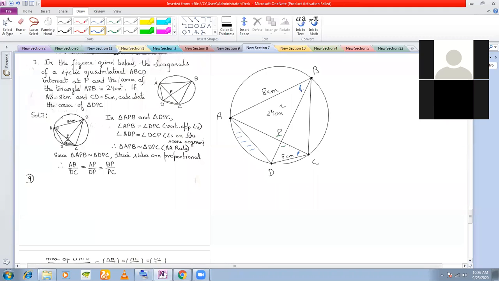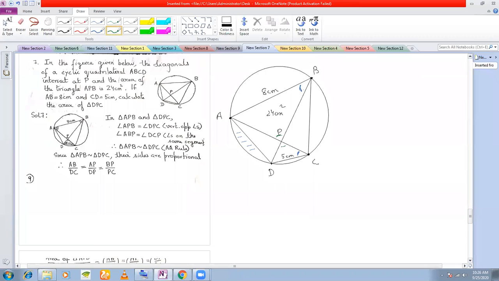Also, the green angles here are vertically opposite angles. Therefore, in this triangle and this triangle, I have shown that two angles are equal. And if two angles are equal in two triangles, then we can say that they are similar by the angle-angle rule.